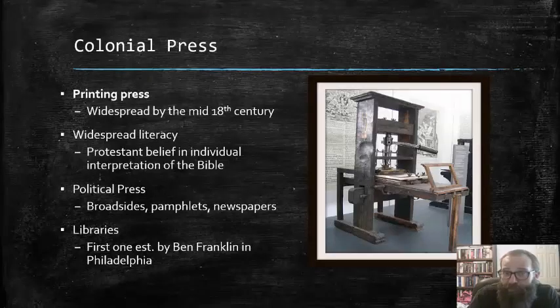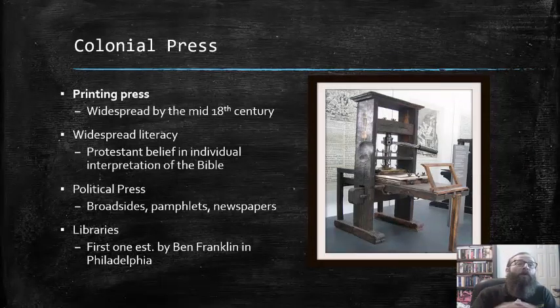Also reinforcing this expansion of interest in politics in the public sphere was the expansion of the colonial press. The printing press by the mid-18th century was widespread throughout most of the colonies, and there was also widespread literacy throughout the colonies that was a relic of that Protestant belief in individual interpretation of the Bible, which led to most Protestants learning to read so they too could interpret the Bible for themselves.